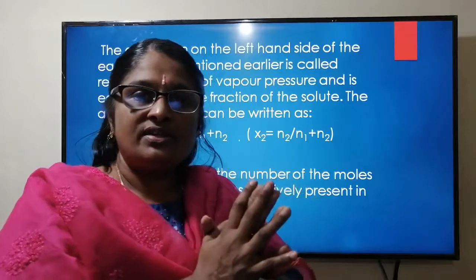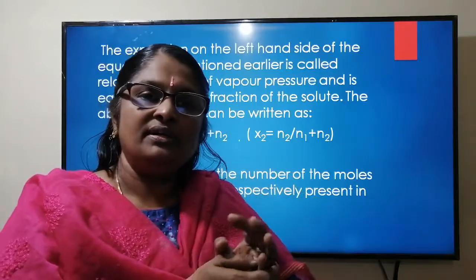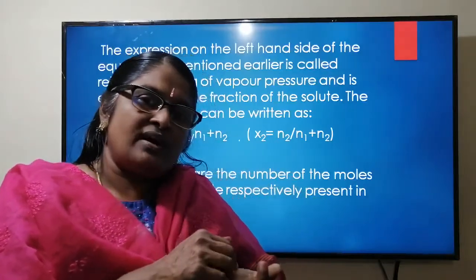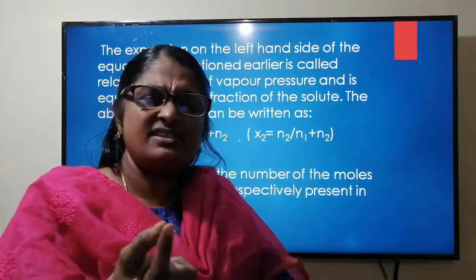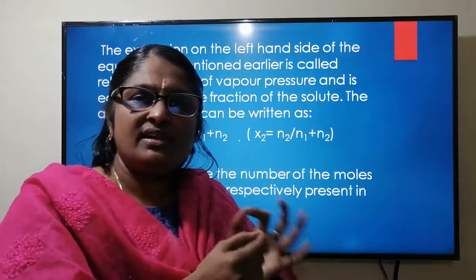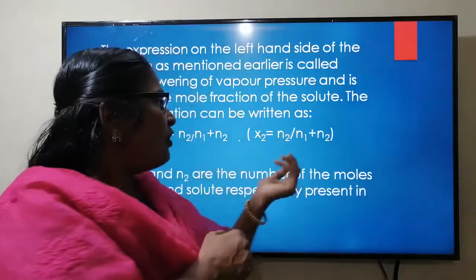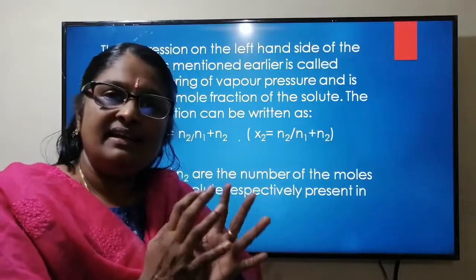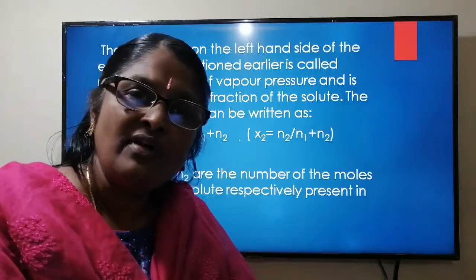For dilute solutions, if the solution is very dilute, say we add salt to water and there is only a little salty taste, then the number of particles of the solute is very small compared to the number of particles of water.